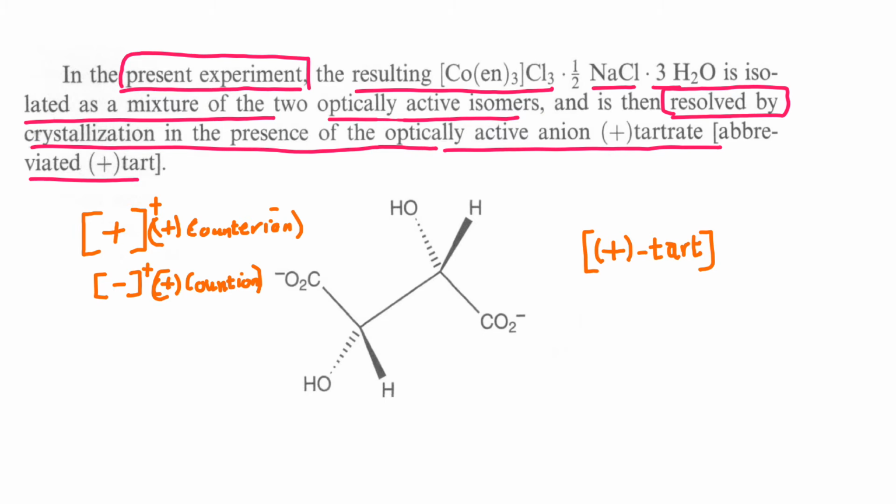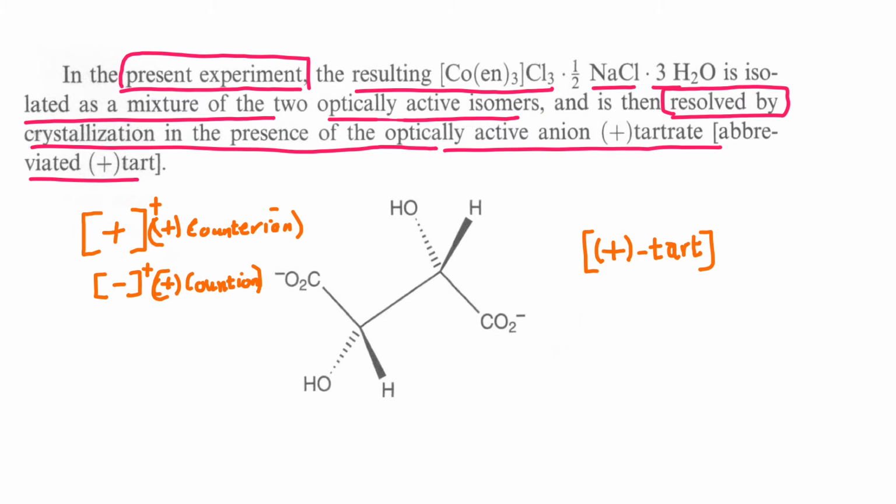Now we mix it with the racemic mixture we prepared, and we obtain a solid, which is the plus isomer with the plus tartrate, and the minus isomer with the plus tartrate stays in solution.